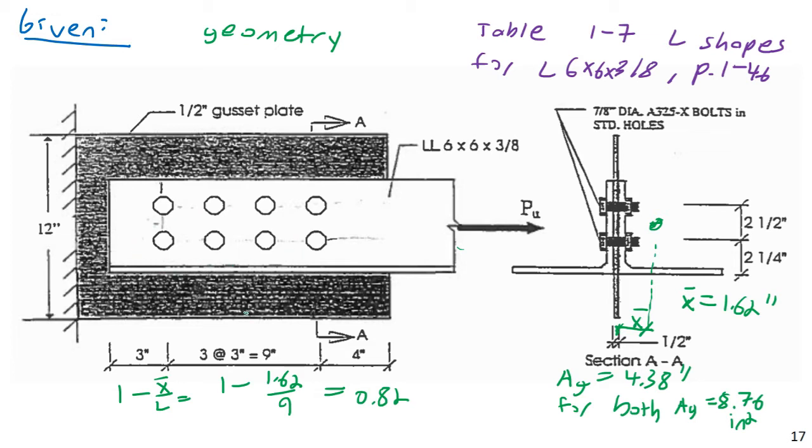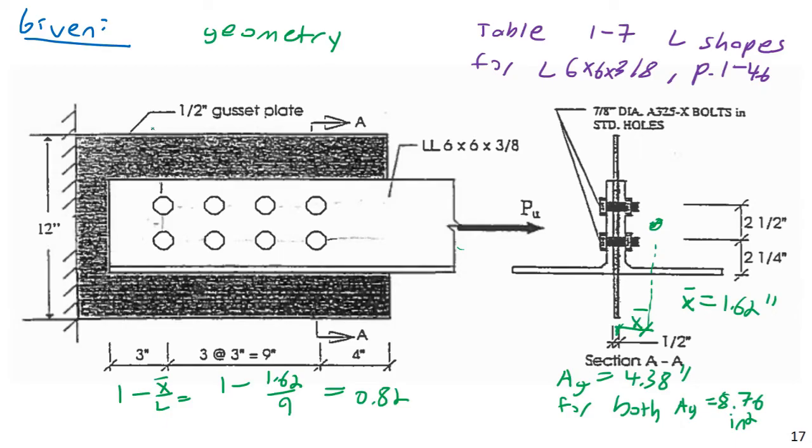The bolts are going to transfer that into our gusset plate here, our 1/2 inch gusset plate. And then that's going to be transferred into our fixed connection here. Now again, this fixed connection could be any number of things. It could be a column, it could be a beam, it could be a foundation. For our purposes here, we don't care what it is. It's just a simple fixed connection. For the sake of our calculations here, we effectively consider this to have infinite strength.